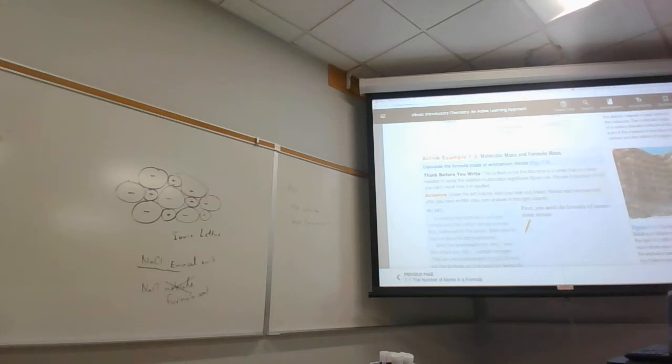This would be U per atom. Carbon would be 12.01 U per atom. Nitrogen would be 14.01 U per atom. Oxygen would be 16.00 U per atom. These are probably the 4 most important ones to know.